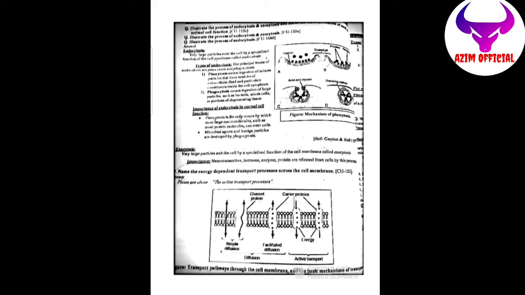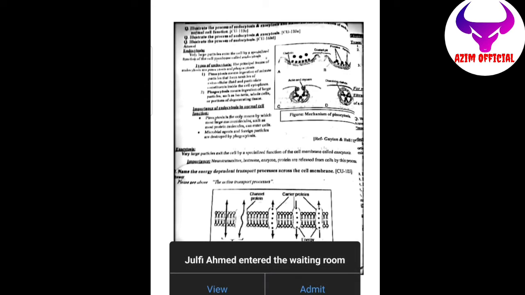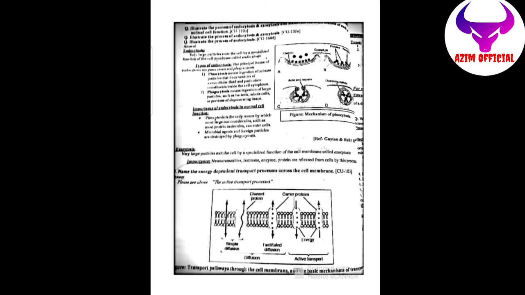You will be asked in the Viva to define carrier protein and mention its types with example. Carrier protein, note down. Integral protein acts as carrier protein for transporting substances.